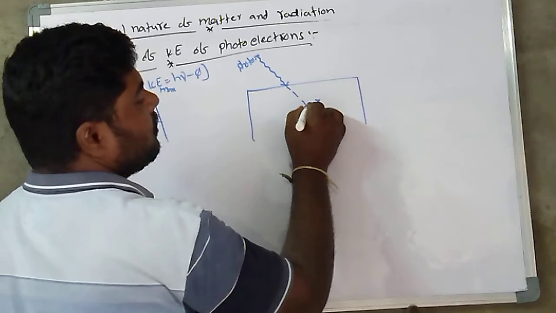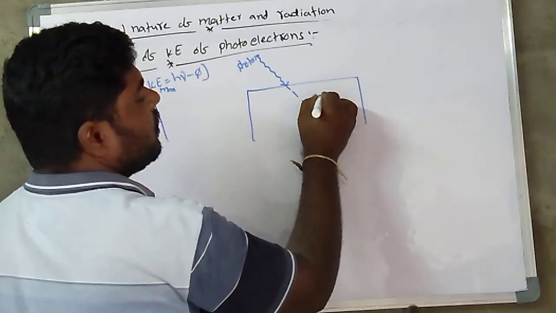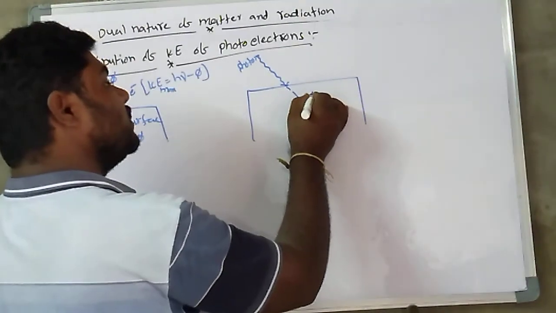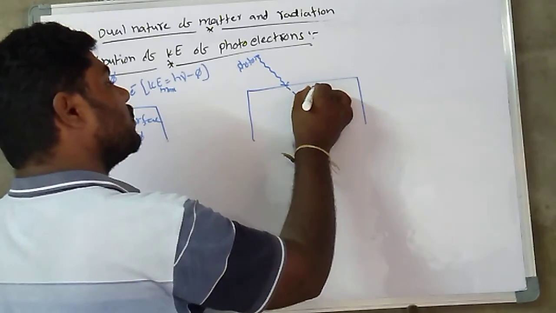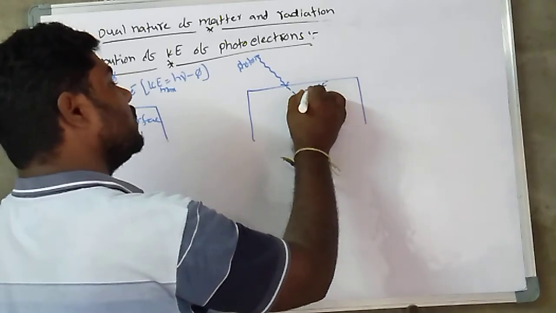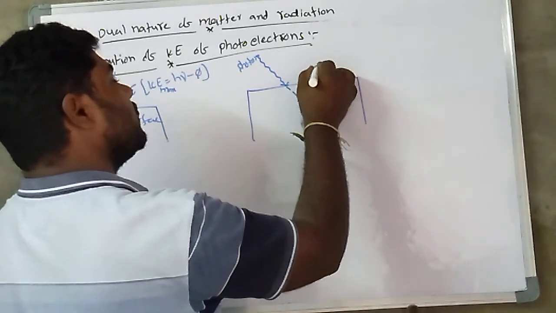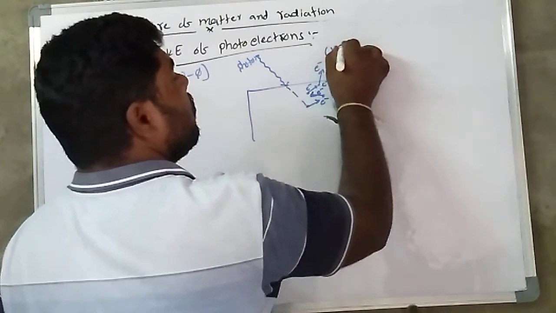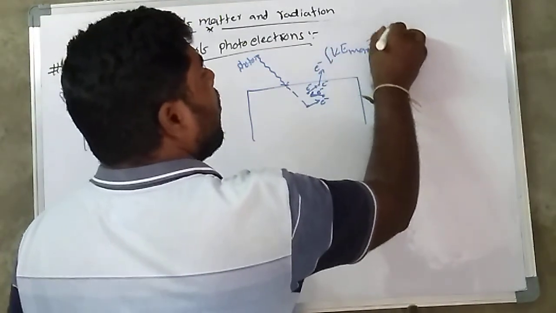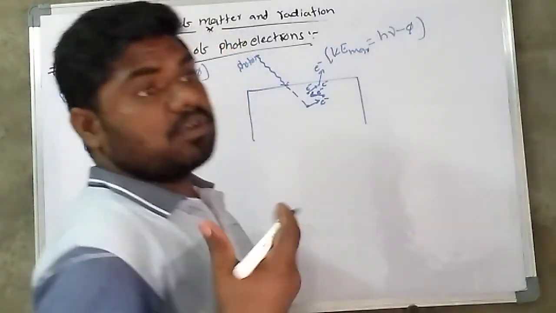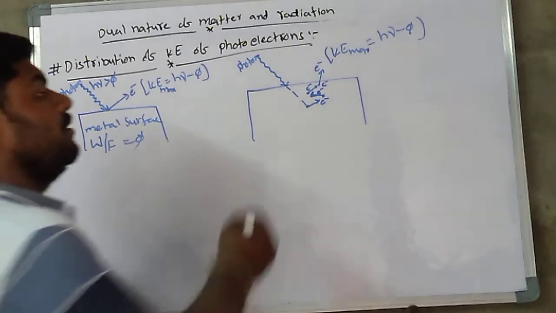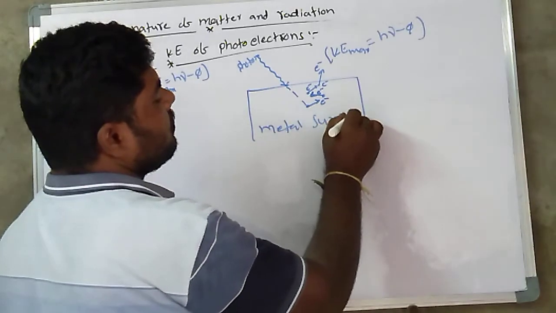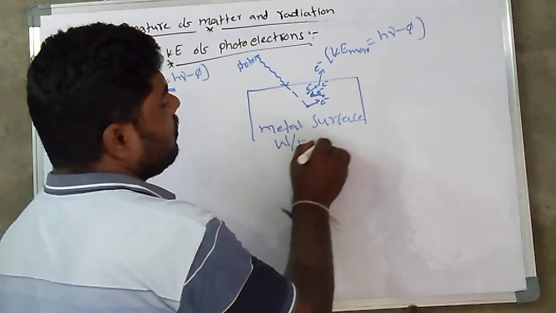This electron is ejected from the surface, moving and colliding with neighboring electrons, which also move and collide, sharing the energy. The electron ejected from the metal surface directly has the maximum kinetic energy, equal to h mu minus phi. Here the work function is equal to phi.